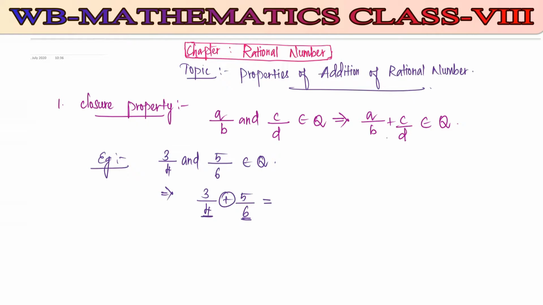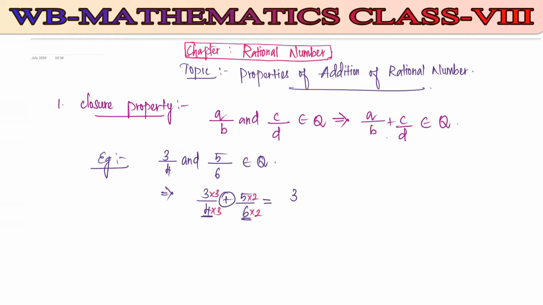For 4 and 6 the LCM is 12. To get 12, I need to multiply both numerator and denominator by 3 for the first, and for 5 by 6 we multiply by 2. We just need to make the denominators the same.